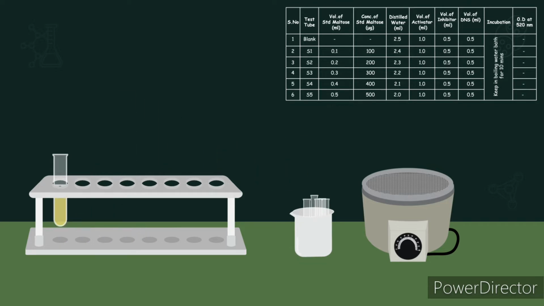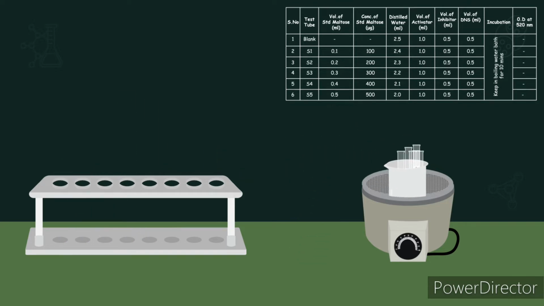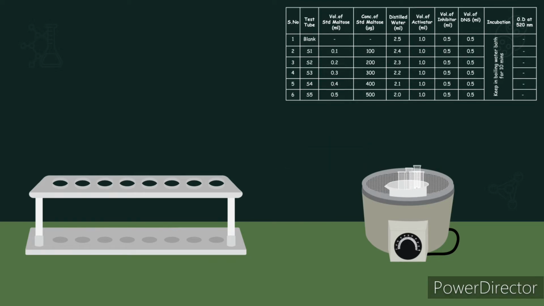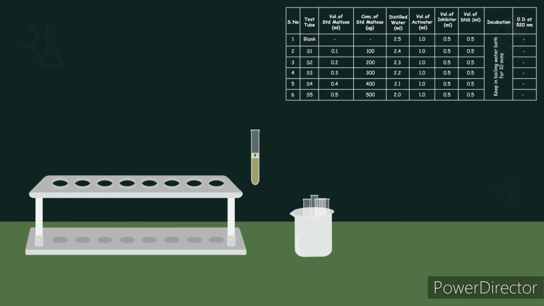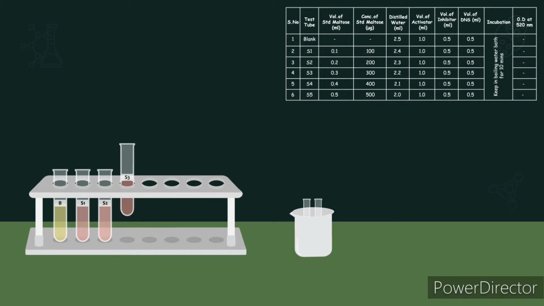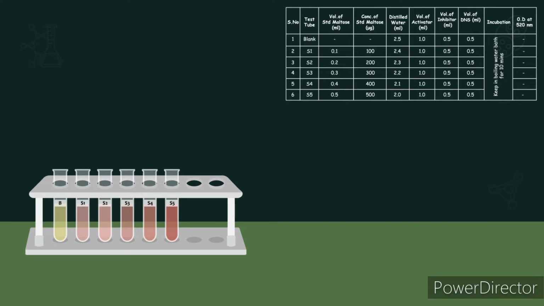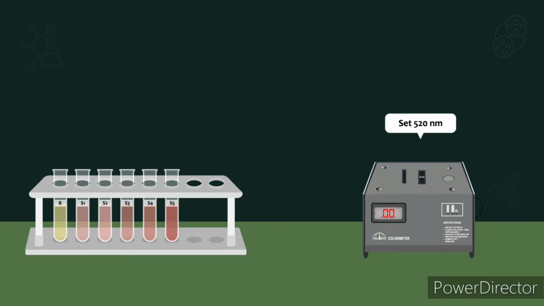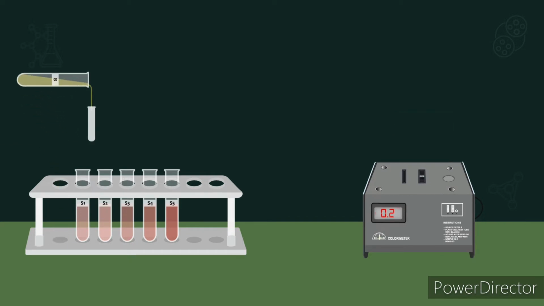Thus in a colorimetric or spectrophotometric assay, the developed color is read colorimetrically at 520 nanometers.